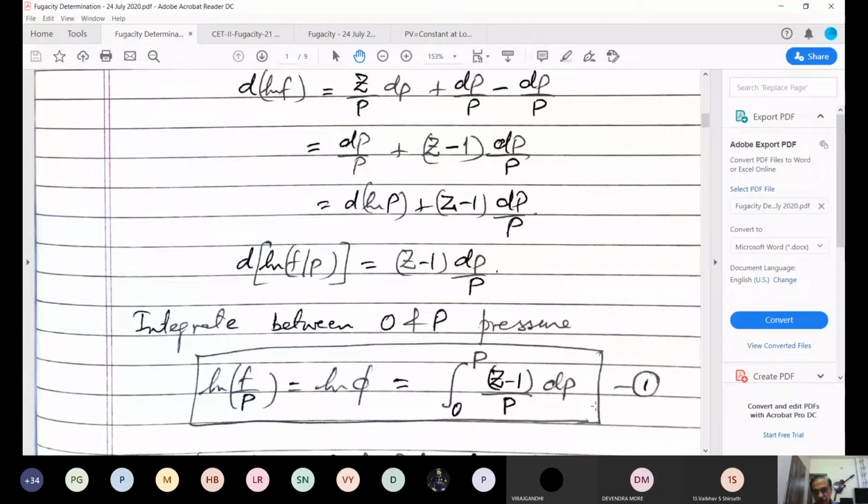If you know the compressibility factor and pressure, you can integrate it from 0 to any pressure we want and find out f by P. And once you know the pressure, we can find out the fugacity of that real gas at that pressure. We'll do some calculations and see how it varies with pressure.